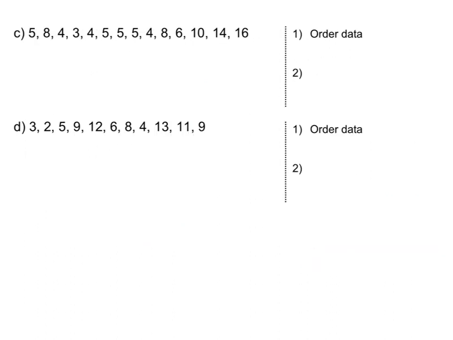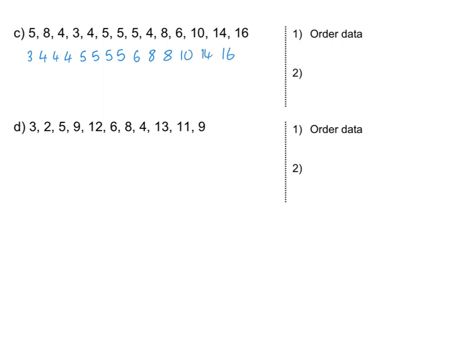We'll now look at example C, and remember the first step here is to take this unordered set and put it into numerical order. So we'll quickly do that here. That's going to be 3, 4, 4, 4, 5, 5, 5, 5, 6, 8, 8, 10, 14 and 16.